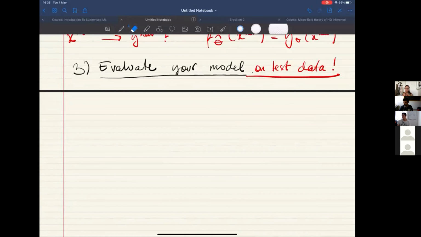So we do so, but now we need a notion of error. We need a metric. We need a notion of goodness again to evaluate our model on the test data. So what is the natural choice? We already defined the notion of goodness, and for that we defined the cost function, the energy function. So what we do is that we compute what I will call the out of sample error.